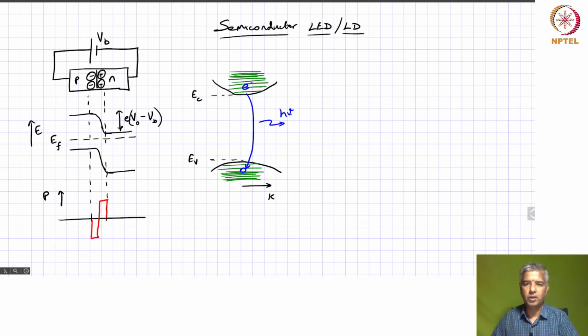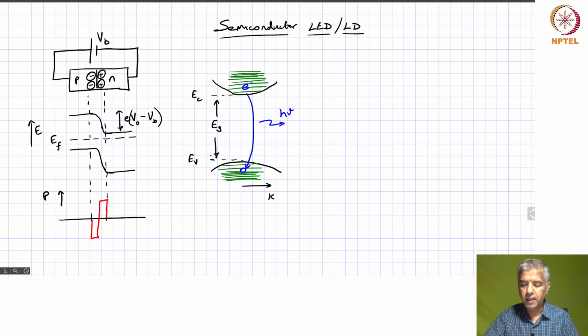That's generating a photon, provided that this band gap energy, which we are calling here Eg, is much larger compared to the thermal energy defined by kBT, then you have a good probability of having a photon emitted from this recombination process, right?